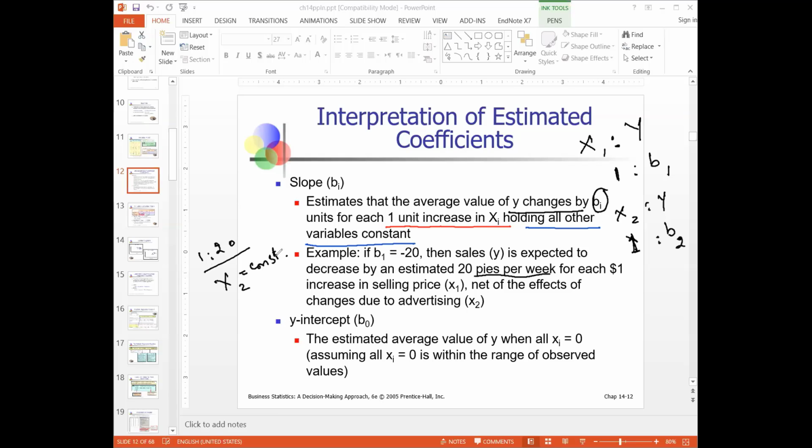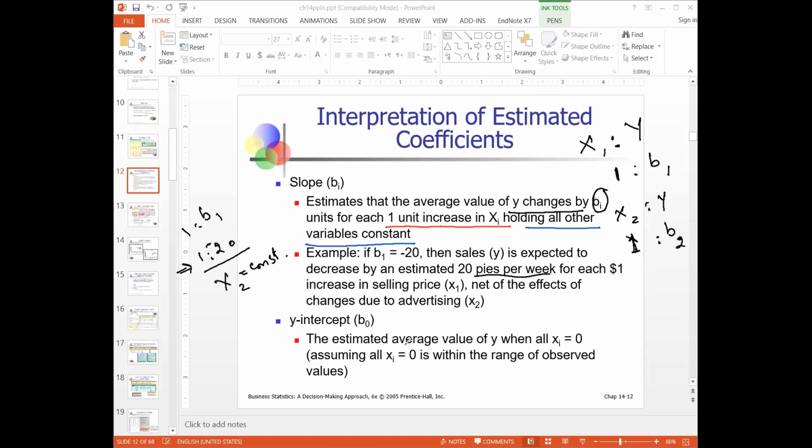We assume that if that value changes, then this proportion might also change. That's why it says holding other variables constant, because if others change, then this value might change.